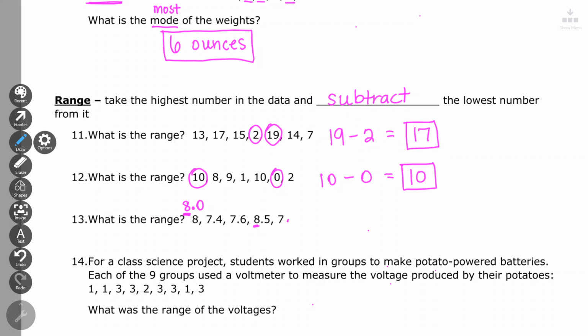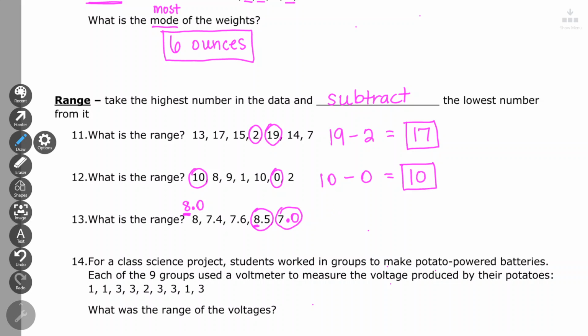This last 7 can also be written as 7.0. So the 8s are higher than the 7s. So we know that the highest number is 8.0 or 8.5. Well, it would be 8.5. And what is the lowest number? The lowest number would be 7.0 or just 7.